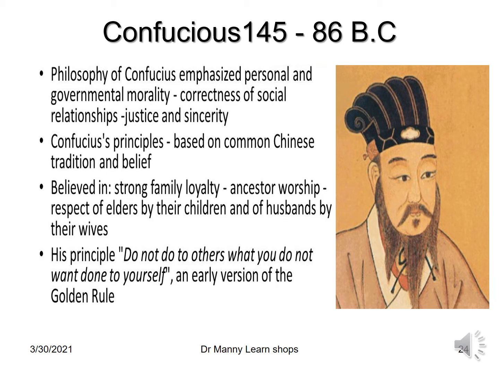His principle basically was, do not do unto others what you do not want done to yourself, which was an early version of the Golden Rule, which was also professed by Jesus Christ, stated in the Bible. And a lot of it is still very entrenched in China and Chinese philosophies today.